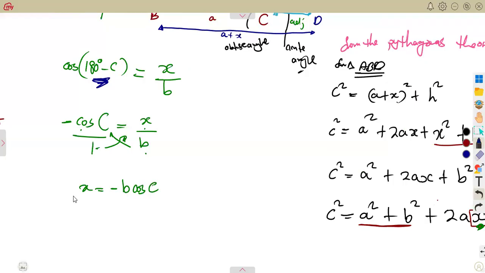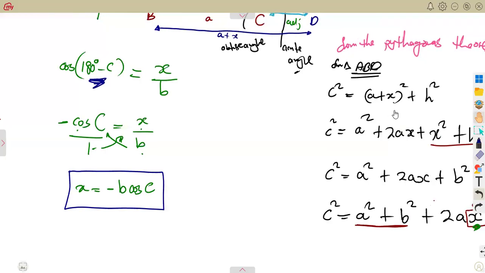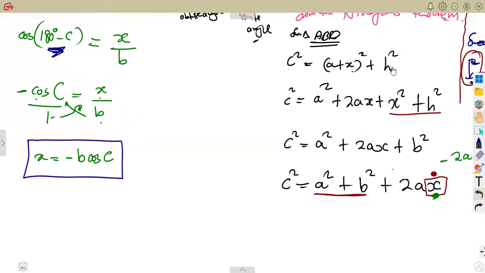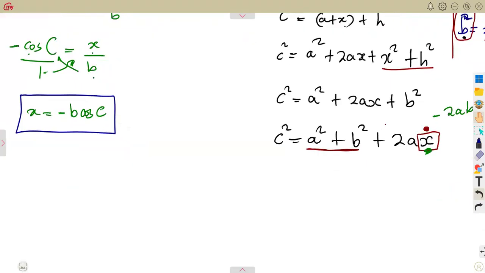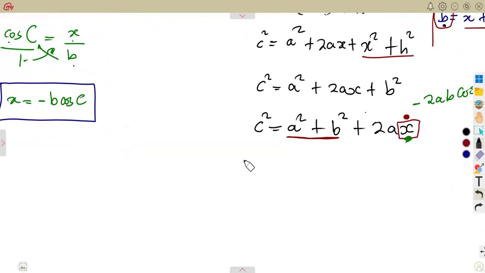So this is what we are going to substitute in place of X into this formula that we are having here. So therefore, from this, we are going to have c squared equal to a squared plus b squared plus 2a times x, where your x is minus b cos c.